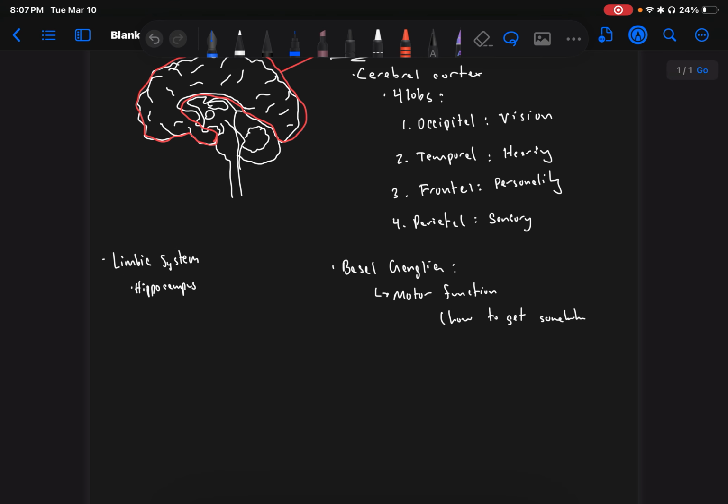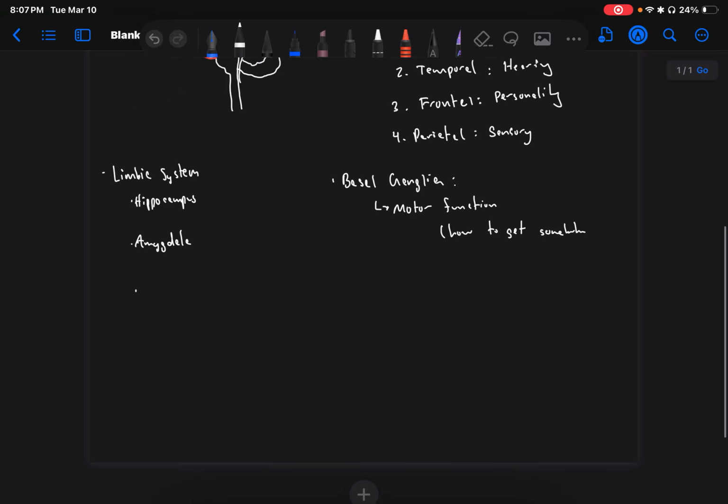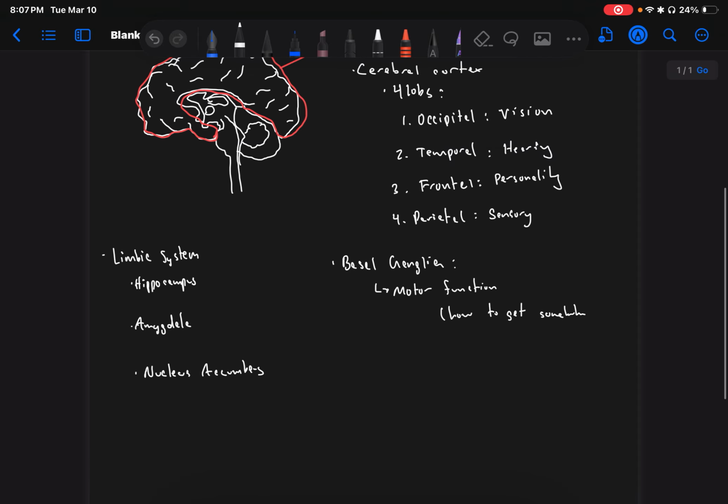Hippocampus. We also have the amygdala. The amygdala. And then the nucleus accumbens. So hippocampus, the way I remember it and the way my psych prof taught me is hippo is on campus.